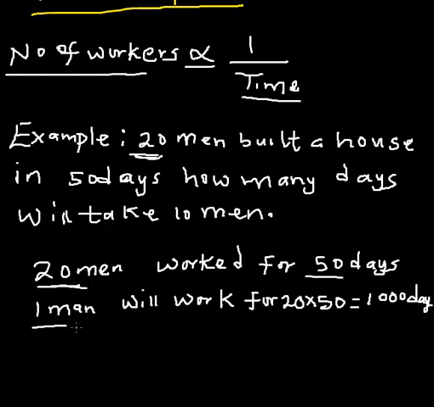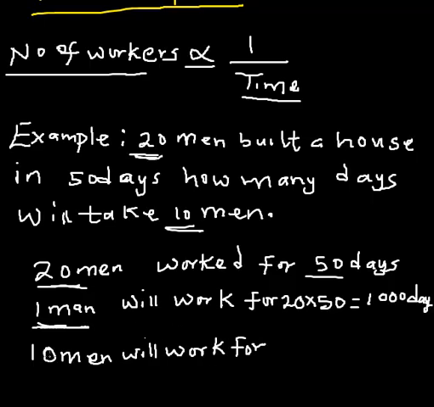Having gotten the amount of time it will take a man to work, 1,000 days, I can now get the time for 10 men. So that simply means that 10 men now will work for, remember, 10 men will always work in a lesser time than that of 1 man.